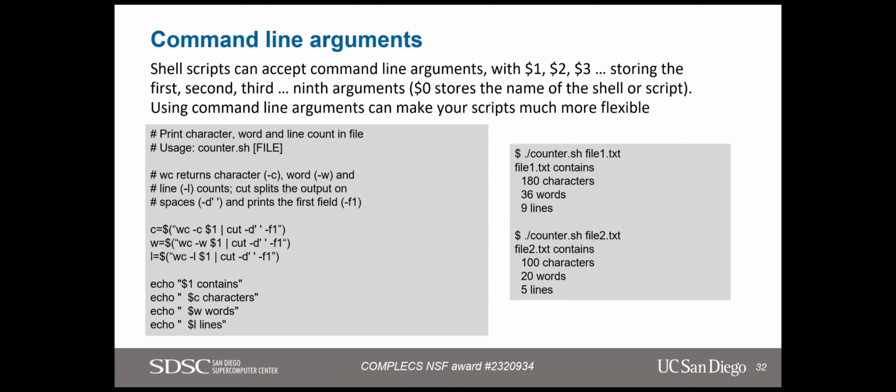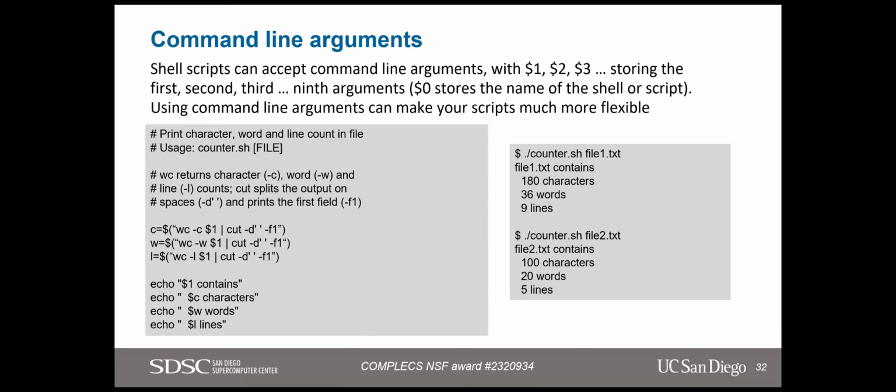Note that you can have any number of command line arguments that you want, but you can only go up to 9 without braces. Once you go past 9, you're going to have to put it in curly braces. So the next one will be ${10}.